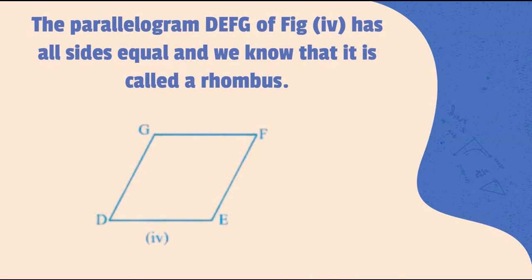And then the parallelogram DEFG, that is figure 4, has all sides equal, and we know that it is called a rhombus. You might know everything beforehand, you might have learned about these in previous classes and chapters.